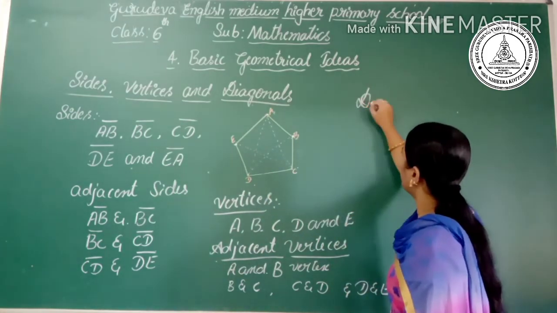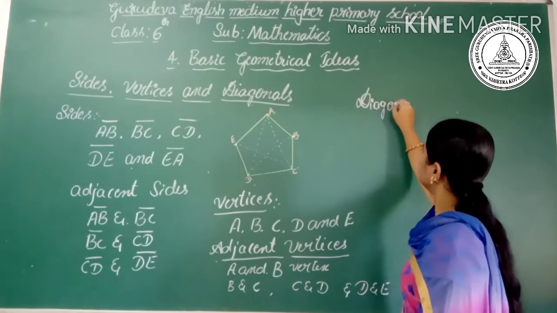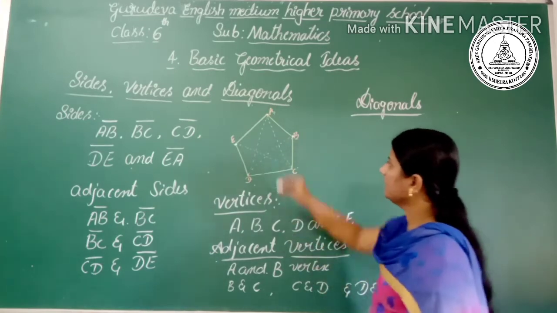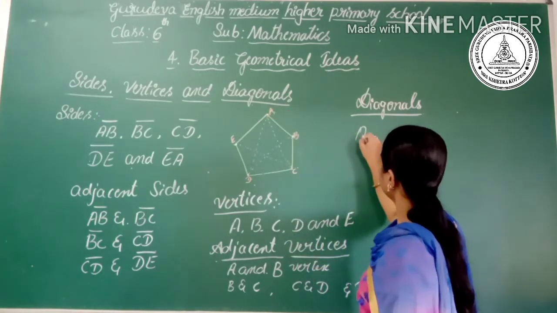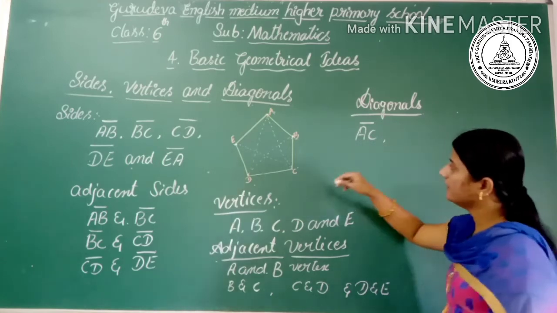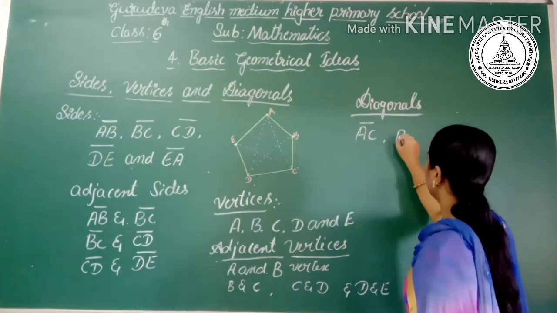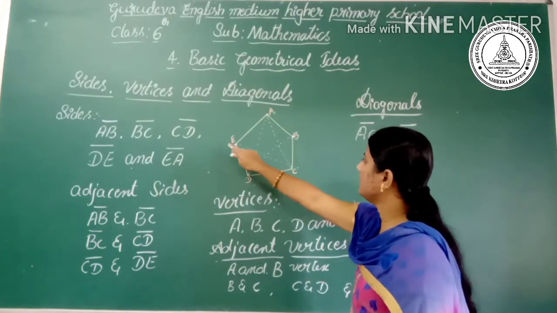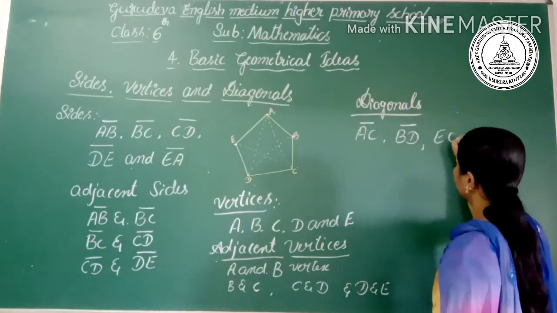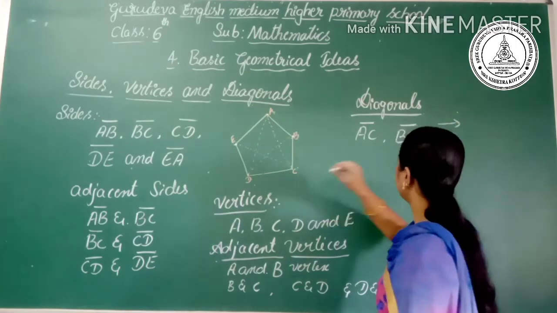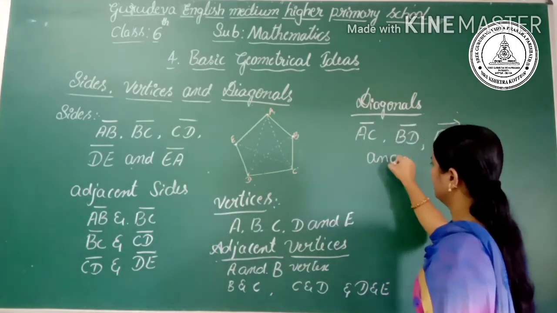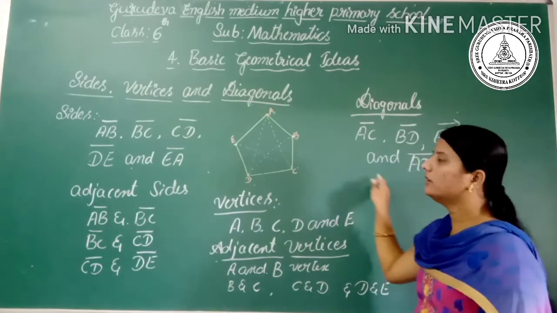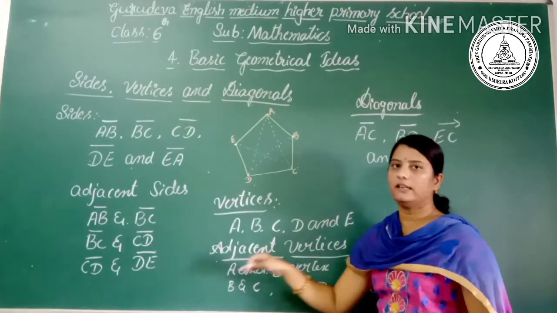The diagonals are AC, BD, EC, and AD, which are the diagonals of the given polygon ABCDE.